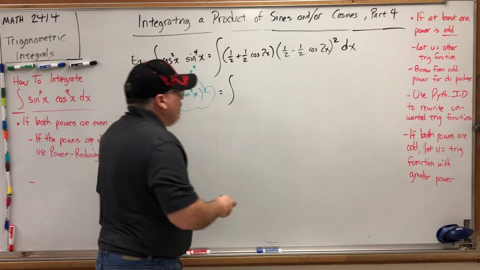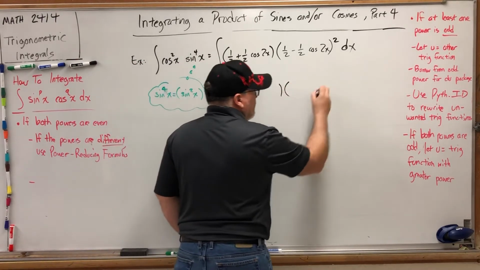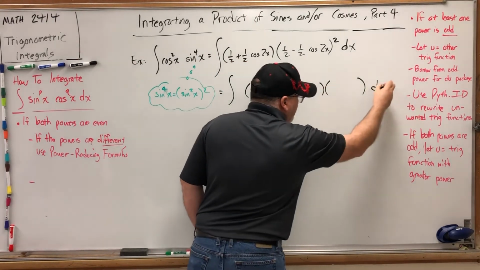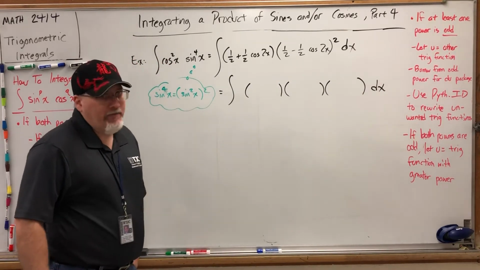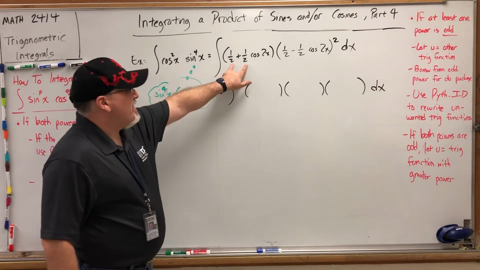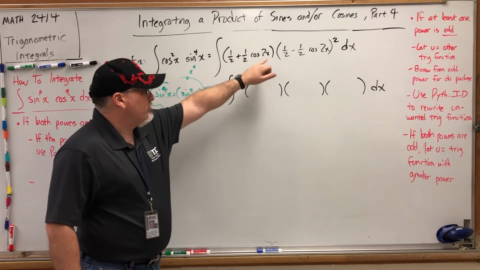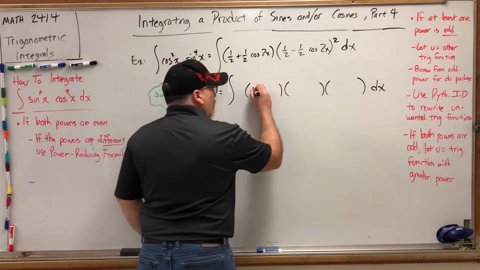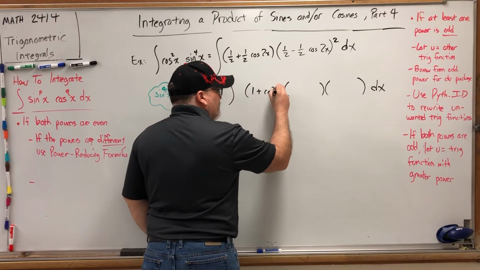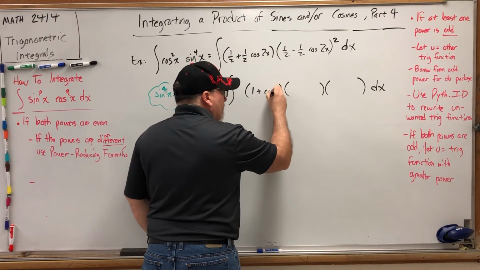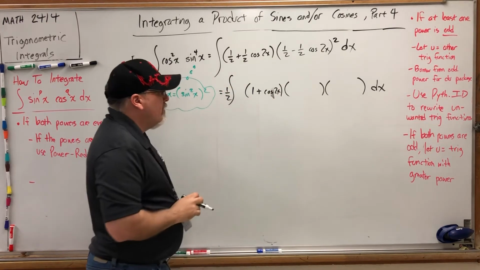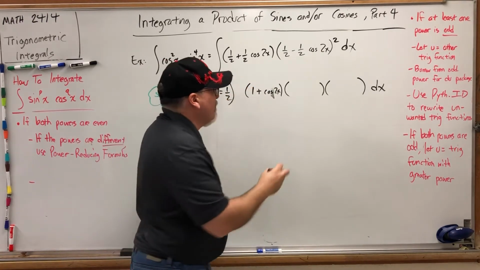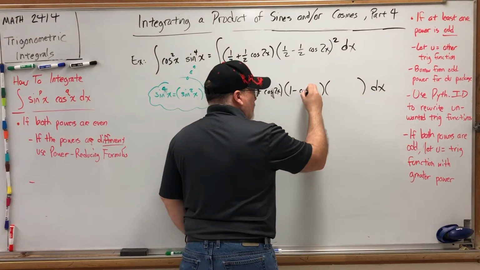For example, I am going to write all 3 parentheses. But you'll notice I could factor a 1/2 out of all of them. I could factor a 1/2 out of this, it would leave 1 plus cosine 2x, 1 plus cosine 2x. And I'll put the 1/2 out here. And I can factor a 1/2 out of this and leave 1 minus cosine 2x.